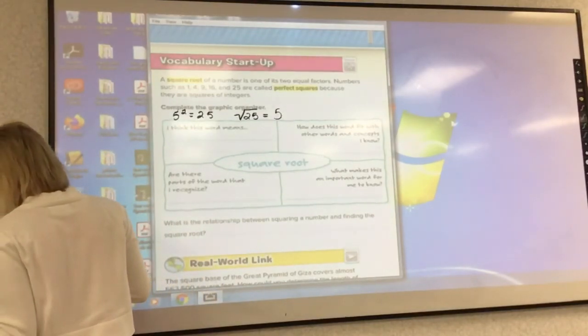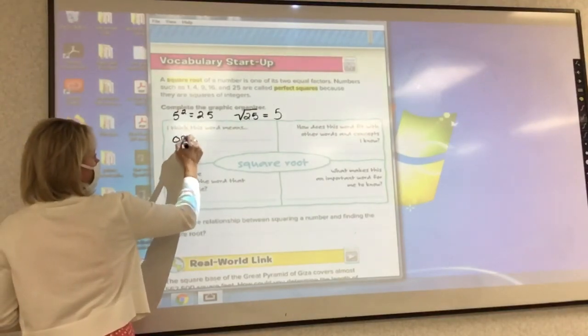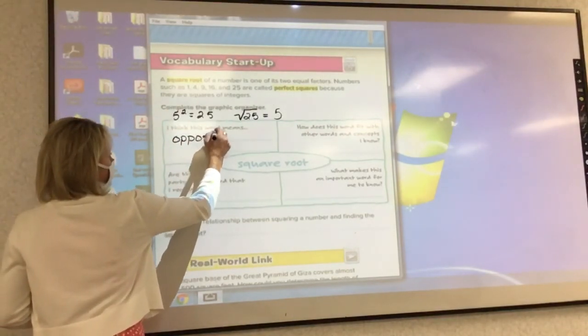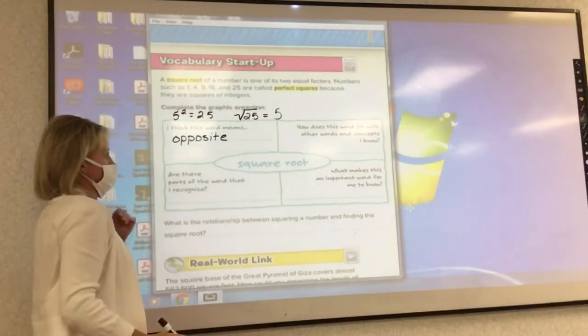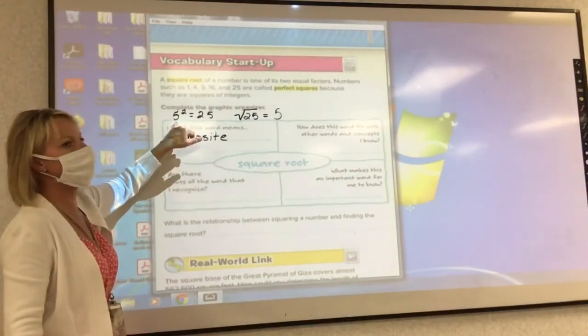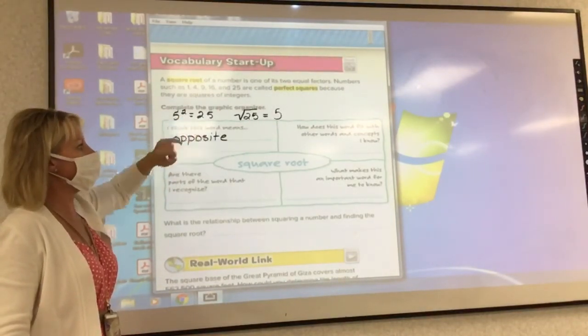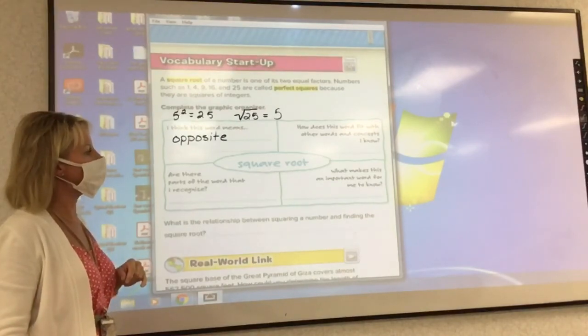We just did the opposite. So square root is the opposite of squaring.